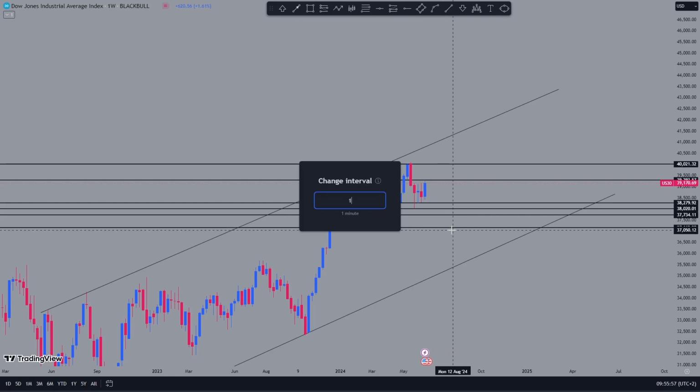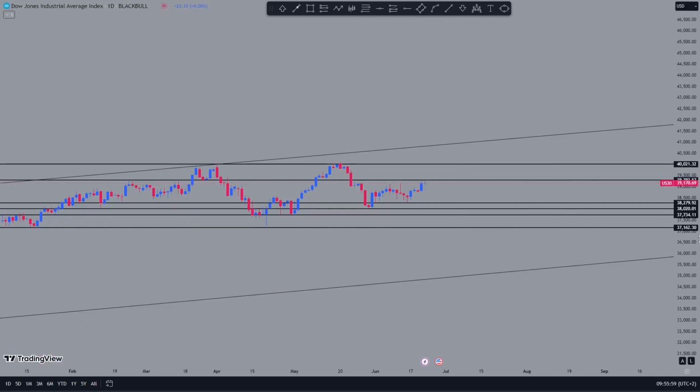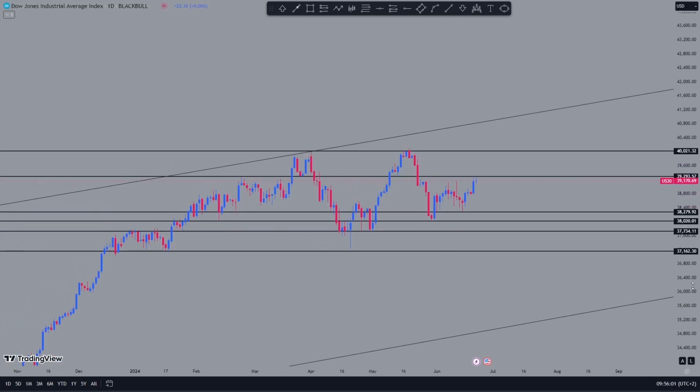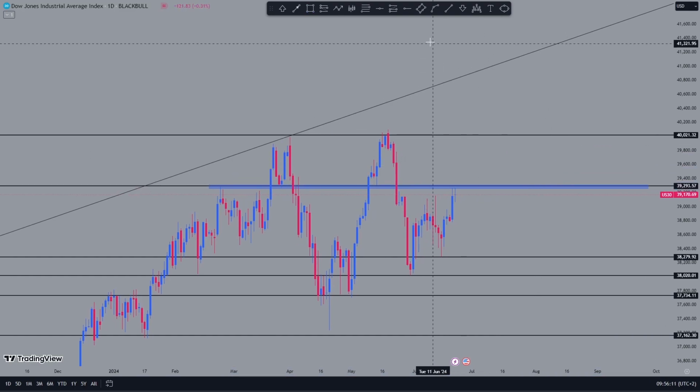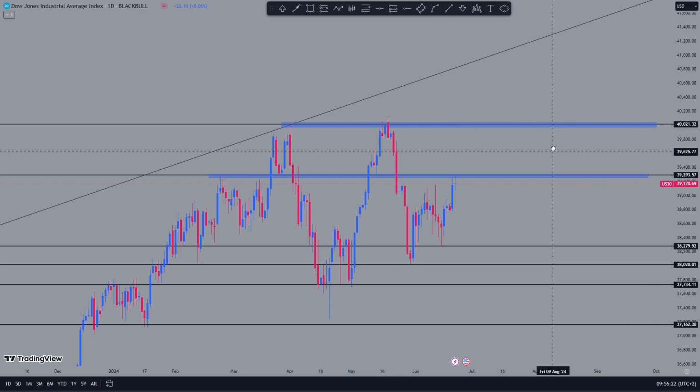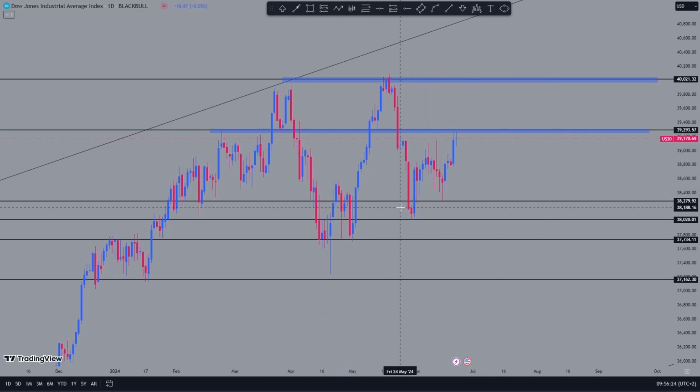So let's get to a daily time frame. So this is a daily time frame. So also, and here, and spot my other zones, guys.